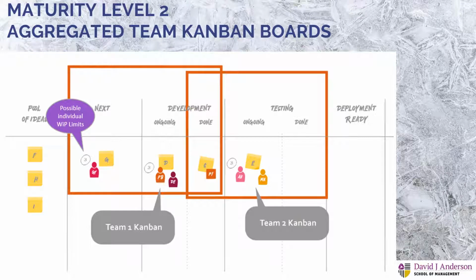And this done column, which is like an overlap column for development and testing, is on one hand the end state for development. On the other hand, this is a buffer for testing. And what they did here, they took these 2 separate boards and put them all together in one visualization, maybe one physical board, maybe one online board.